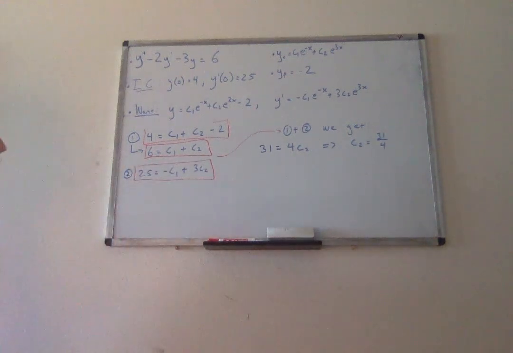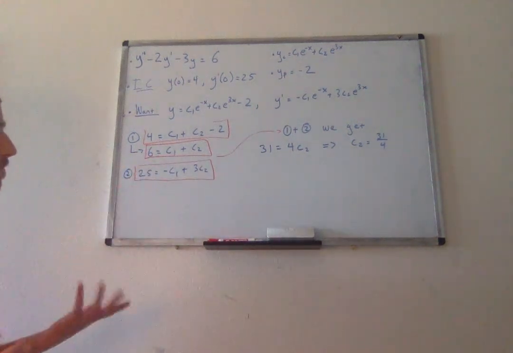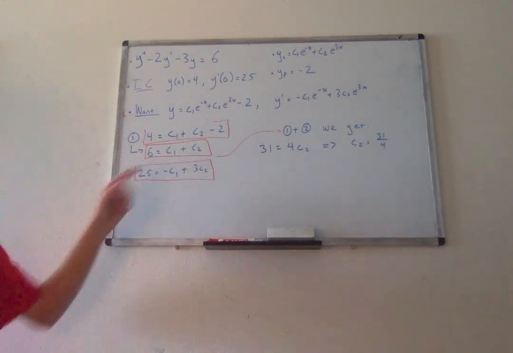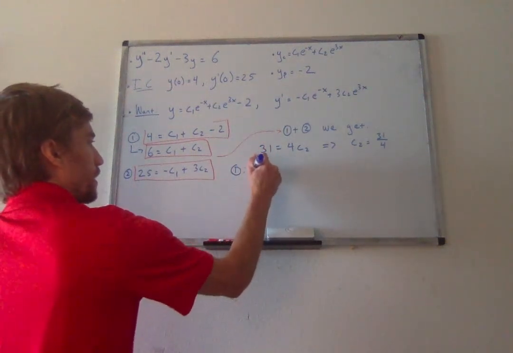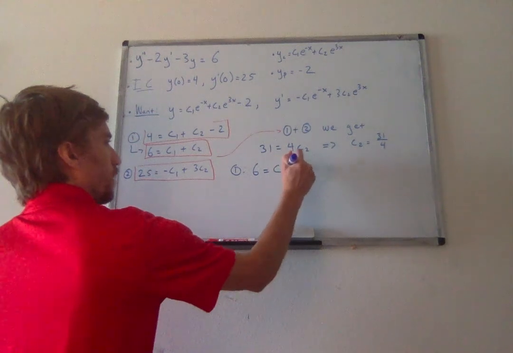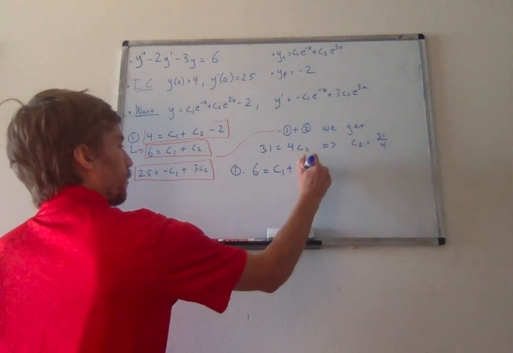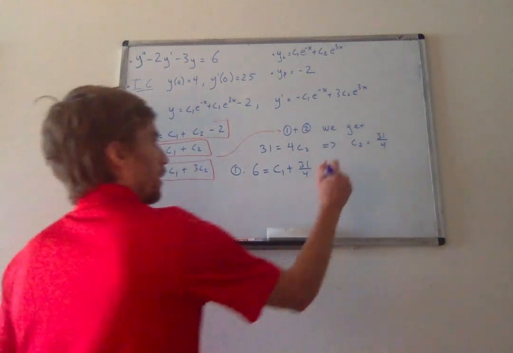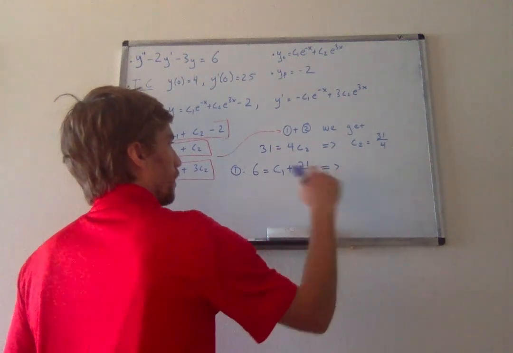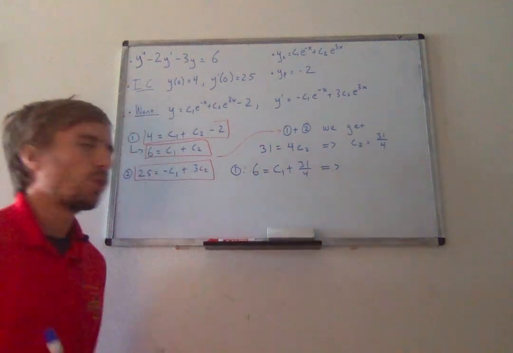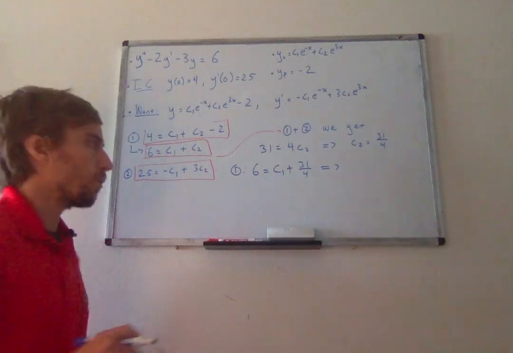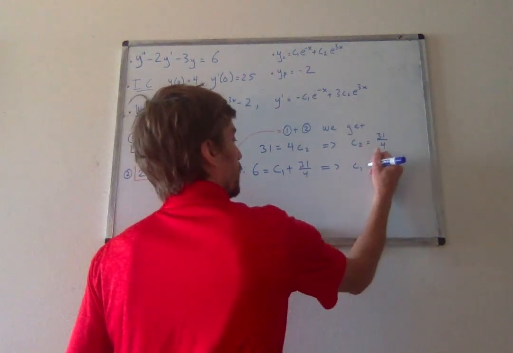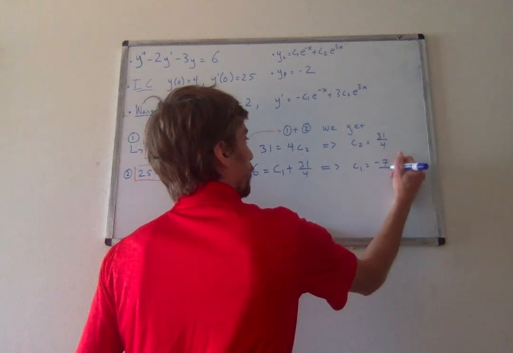And now we can plug this in. The easiest place to plug this in would be equation 1. So now we know that 6 is equal to c1 plus 31 over 4. Since 6 is equal to 24 over 4, this would mean c1 is equal to negative 7/4.